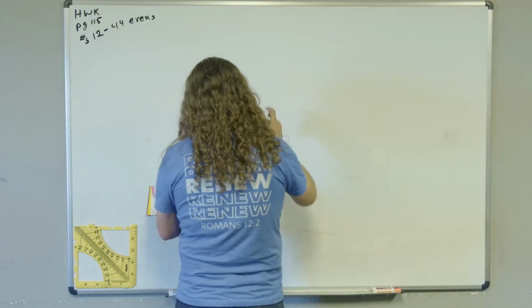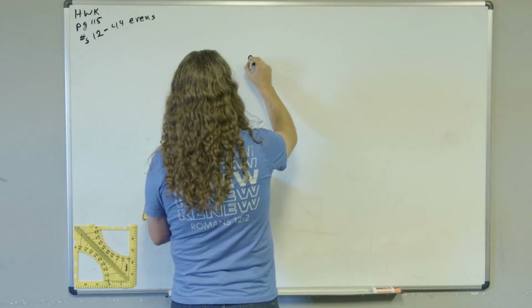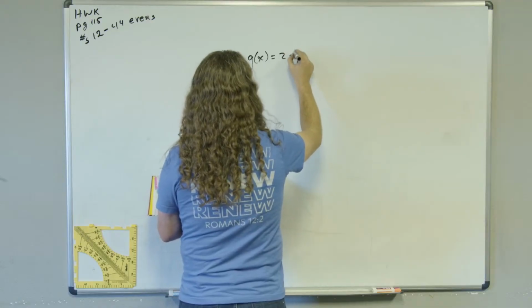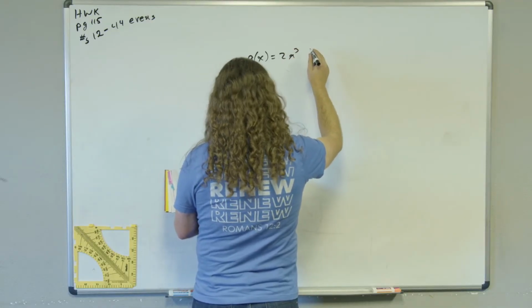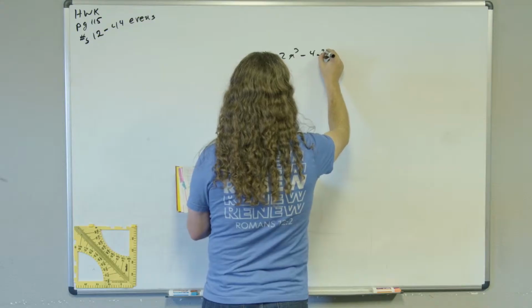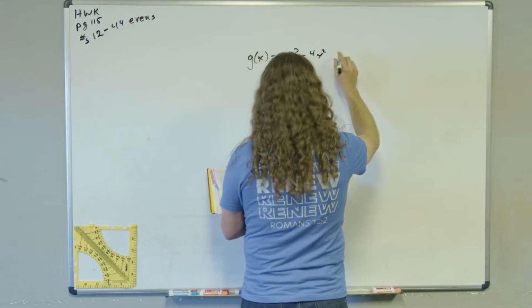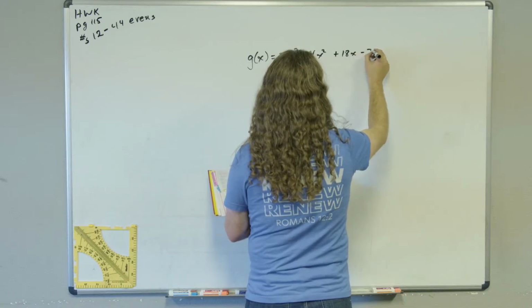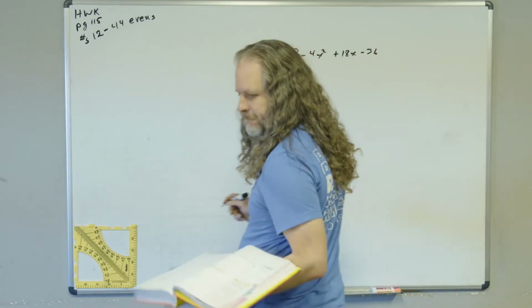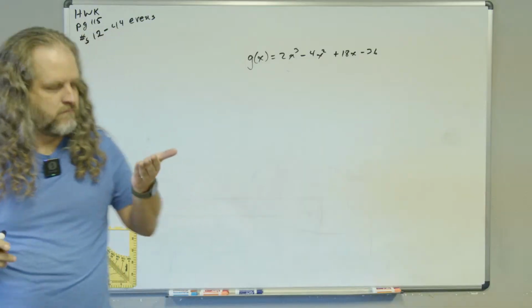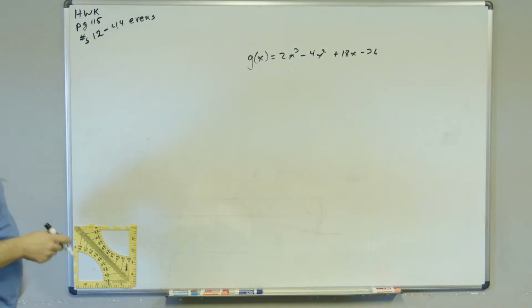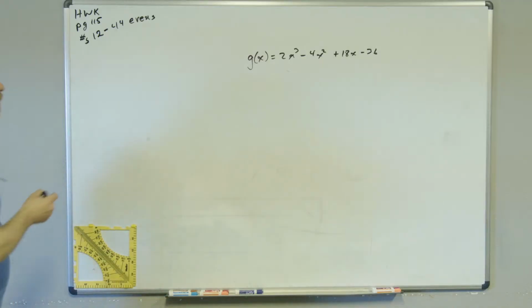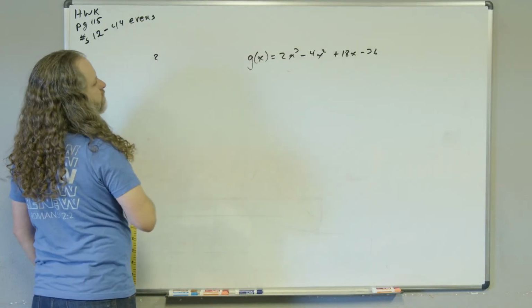All possible rational zeros of g of x equals 2x cubed minus 4x squared plus 18x minus 36. So, what is the leading coefficient? 2.